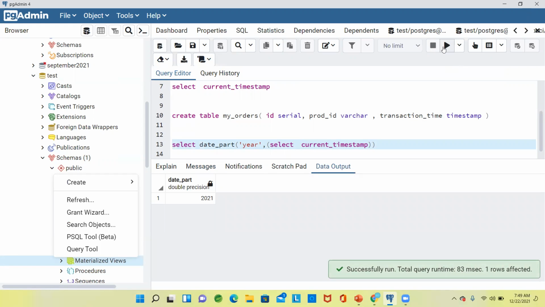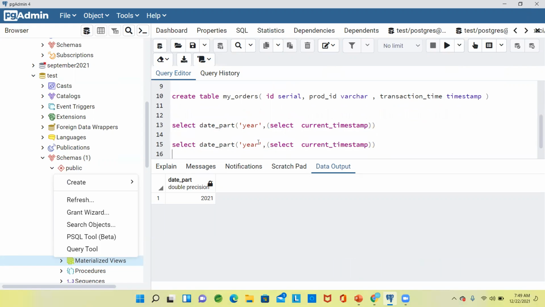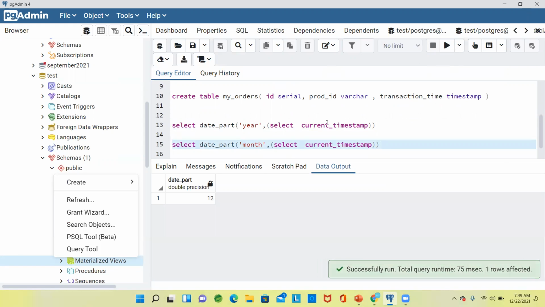Did it come? Is it clear? Now if you see, this will be month. What is the month now? 12.